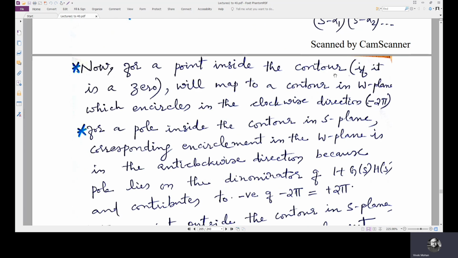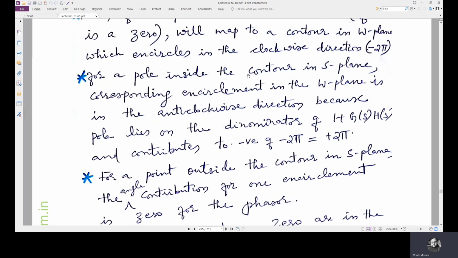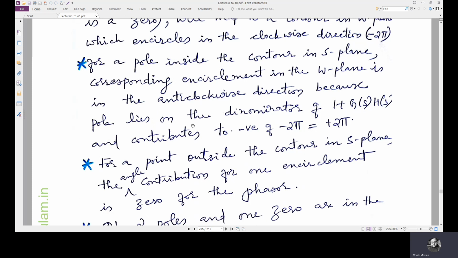So for a point inside the contour, if it is a 0, it will map to a contour in the W plane which encircles in the clockwise direction, that is minus 2 pi. For a pole inside the contour in the S plane, the corresponding encirclement in the W plane is in the anti-clockwise direction, because the pole lies in the denominator of 1 plus GH and contributes the negative of minus 2 pi, which equals plus 2 pi. So clockwise encirclement in the S plane is minus 2 pi, right?